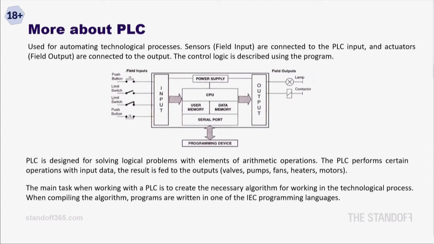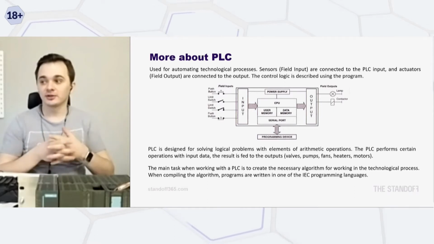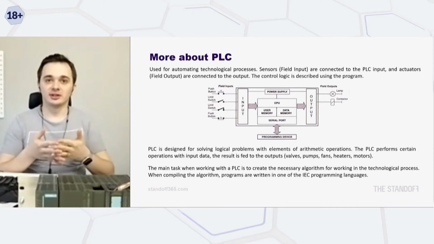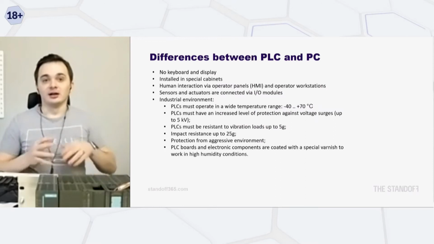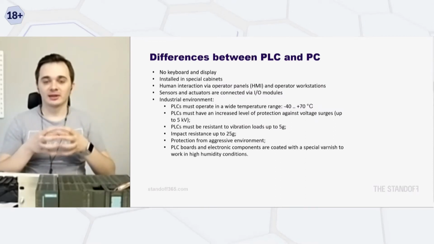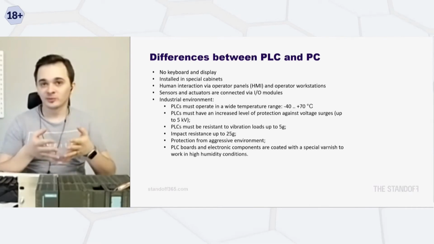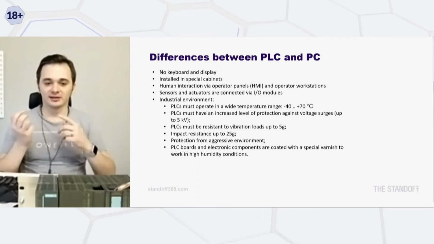And the PLC is programmed using special software. There are development environments as well, and they support different programming languages, including the IEC-approved programming languages. You might have noticed that the PLC is somewhat similar to a PC.